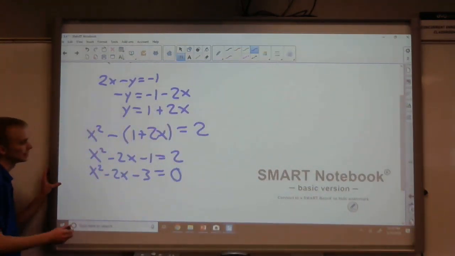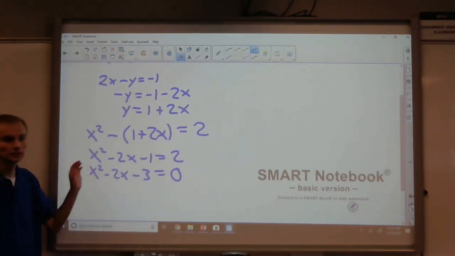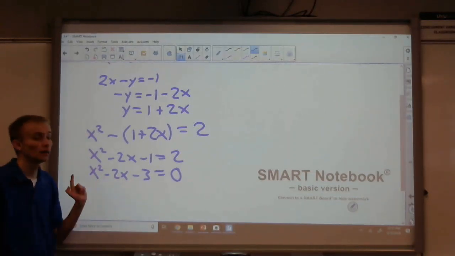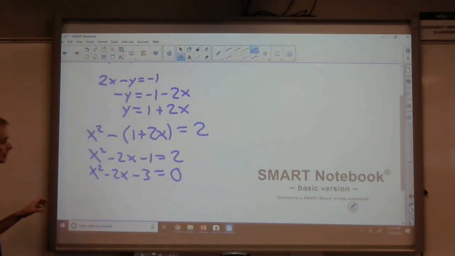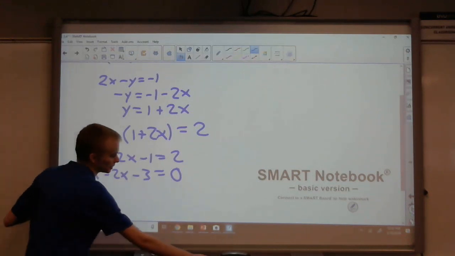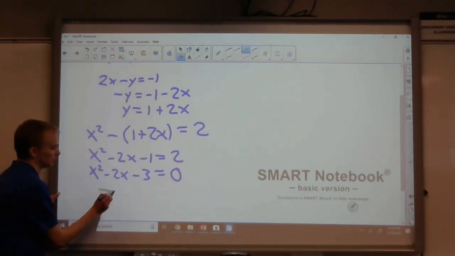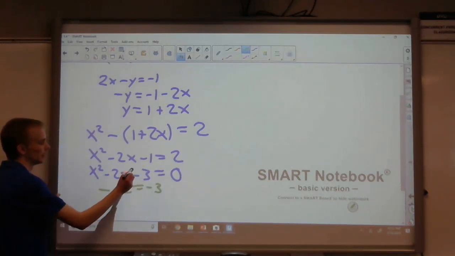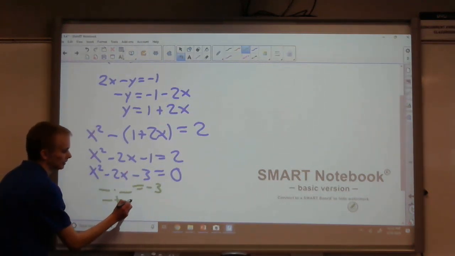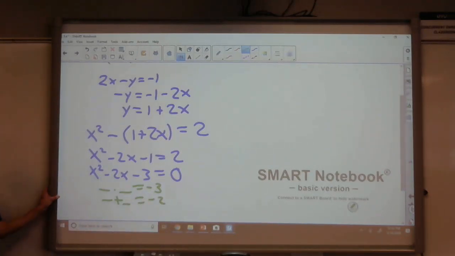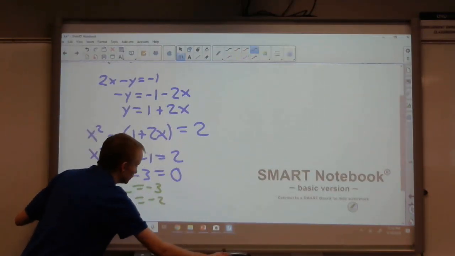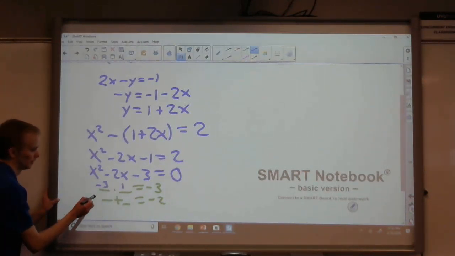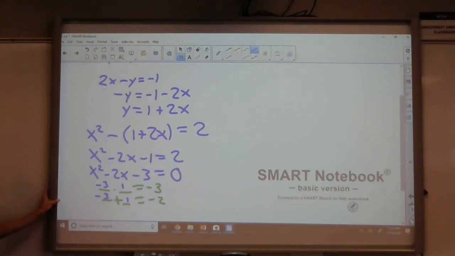So to find x, what I need to do now is try and factor this equation, right? I need to try and figure out what values of x will make this true, so I try and factor. So I look for what numbers multiply to -3, this number, and add to -2. Well, those numbers would be -3 and +1, right?